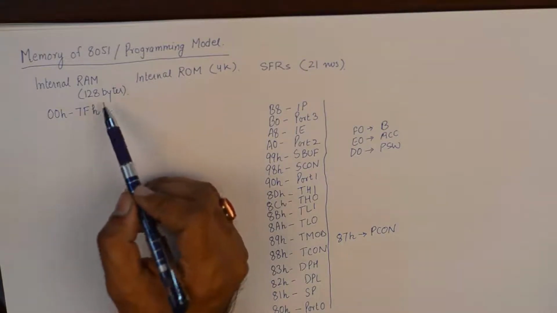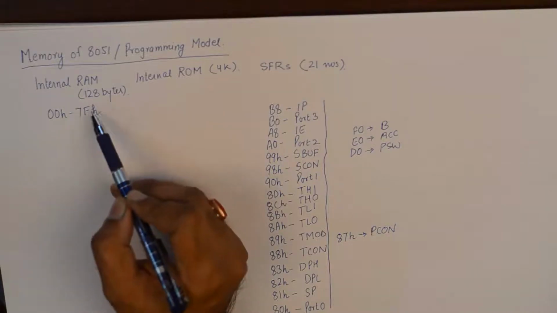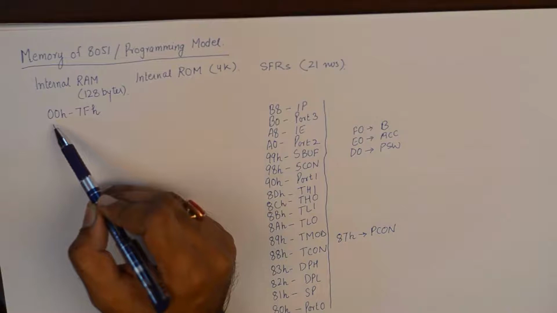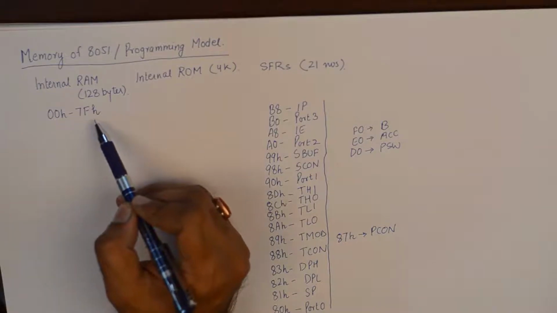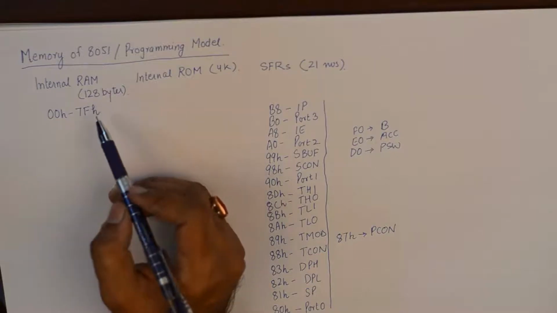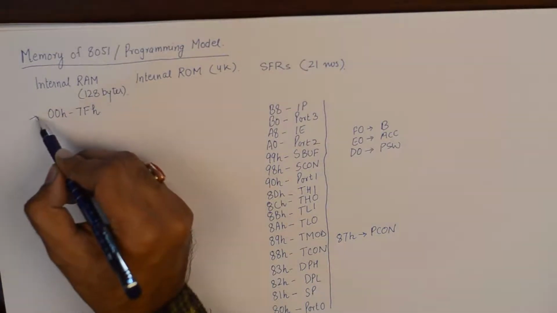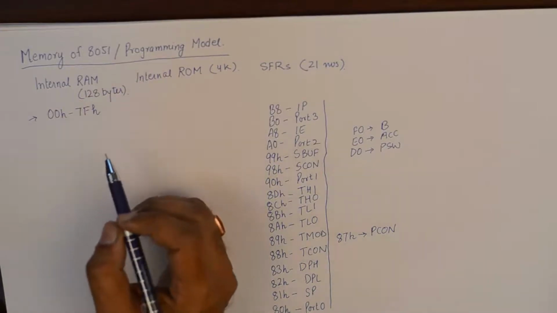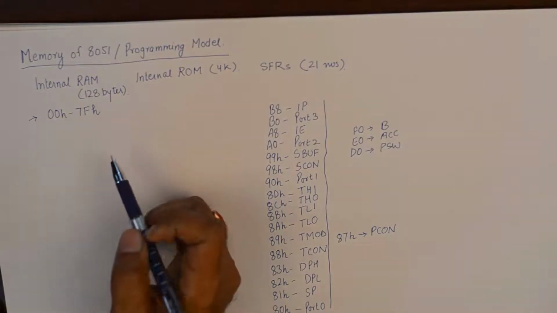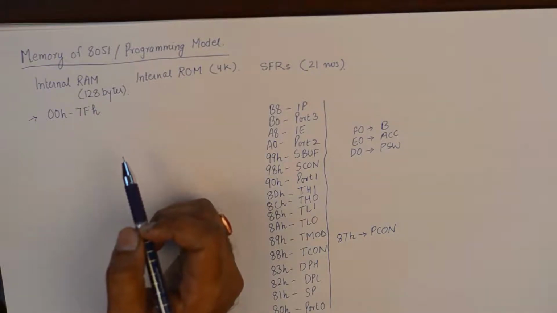So I'll not be discussing how I calculated the address range from 00H to 7FH for 128 bytes memory, but for the time being we take it for granted, and we know that this is the memory which is accessible to the user in 8051.